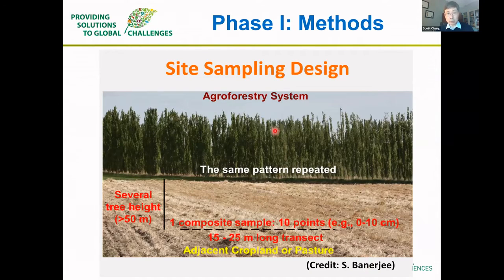This is the basic sampling design. We sampled the soils within the treed area of our agroforestry system, as well as in the annual cropping or herbland area.